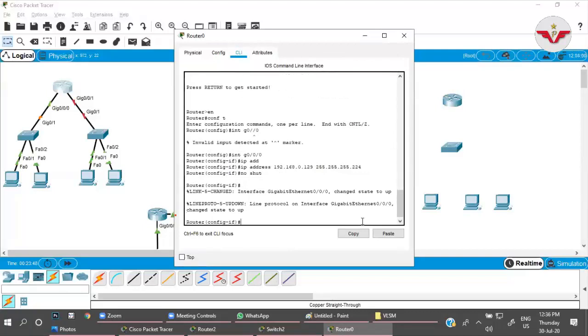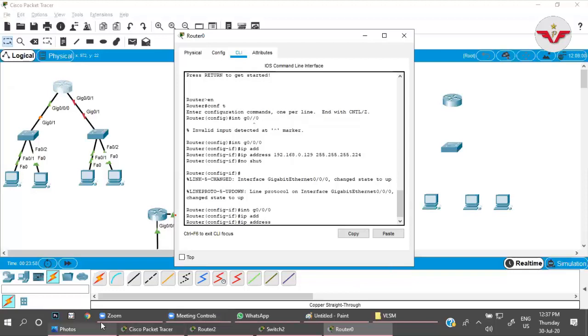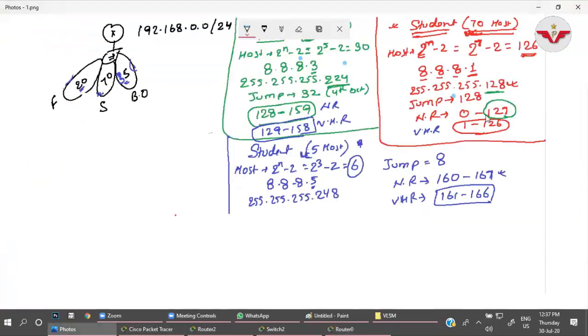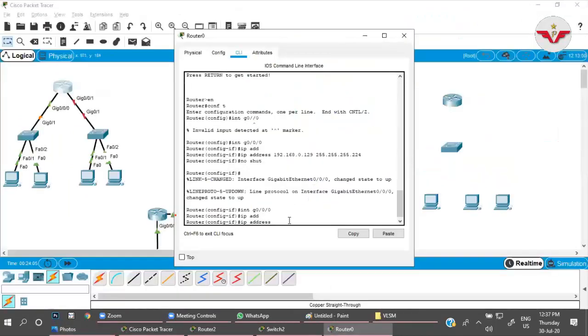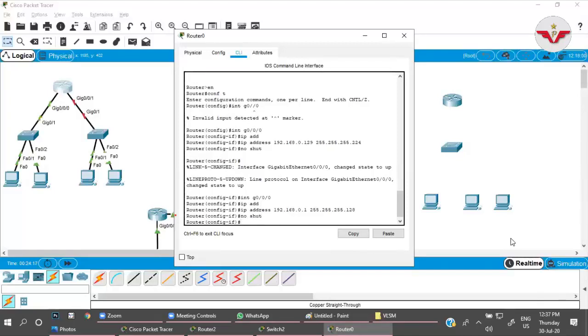Done. Now on the second interface, int g 0/0/1, IP address. For the student network, what was the IP address which we were using? 0 to 127. The subnet mask is 128. 192.168.0.1 255.255.255.128. No shut. Done. I had given the wrong IP again on 0/0/0.